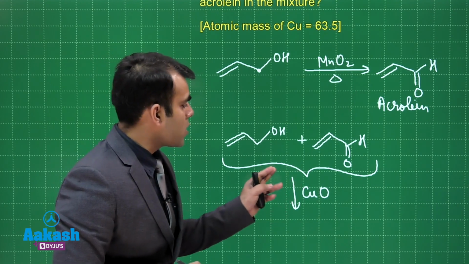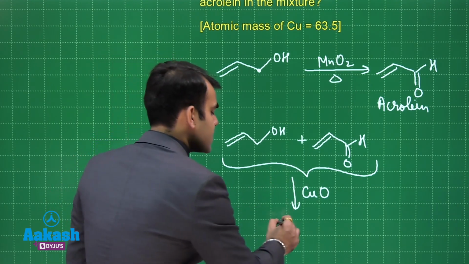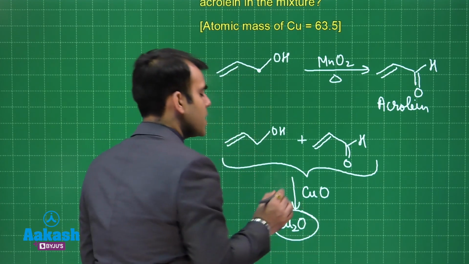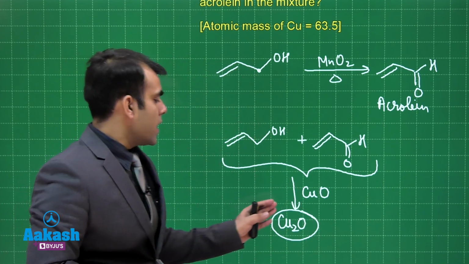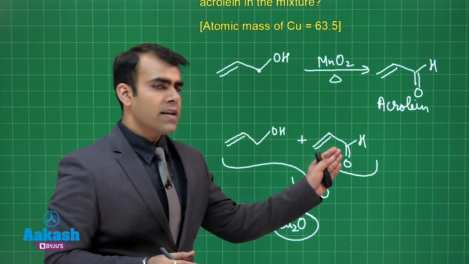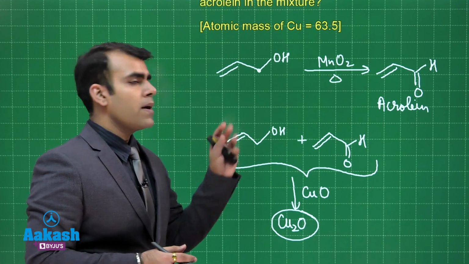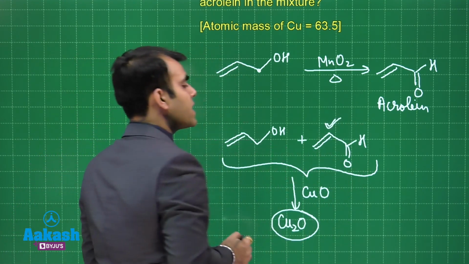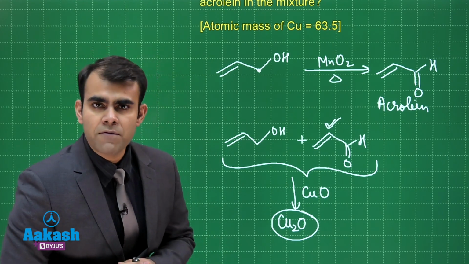And after that what is formed is a red ppt, and we know this red ppt is because of the cuprous oxide. Now one important thing, that Fehling test is given by aldehydes, not by the alcoholic group. It means only this compound will give positive test with Fehling solution.